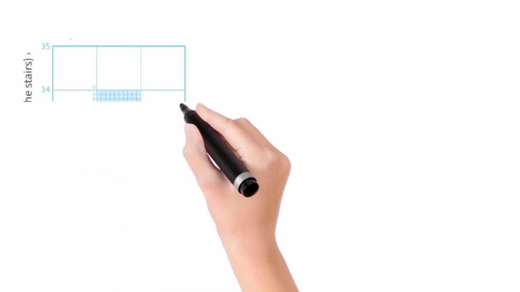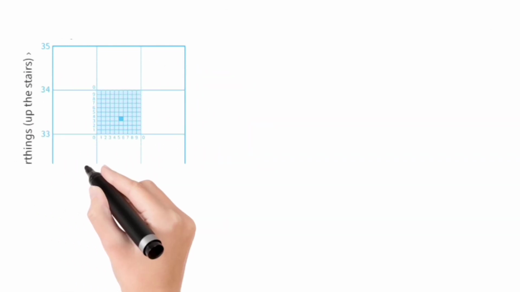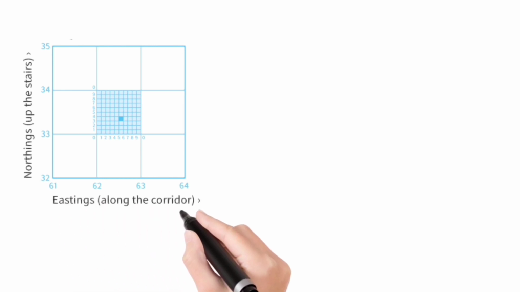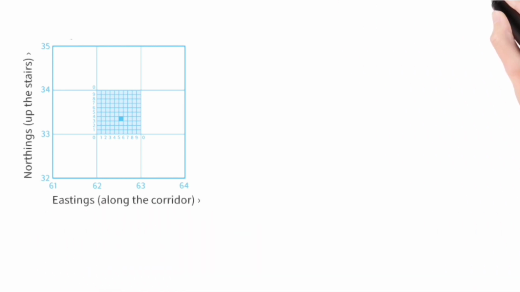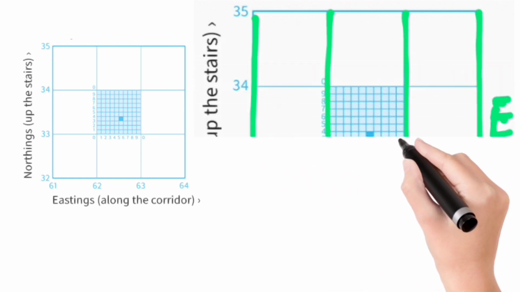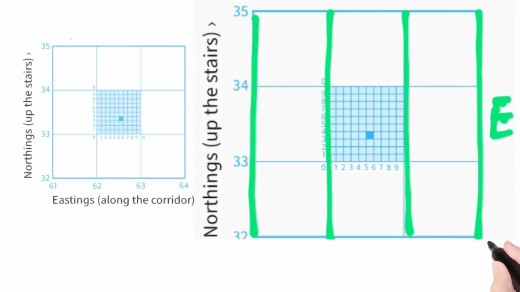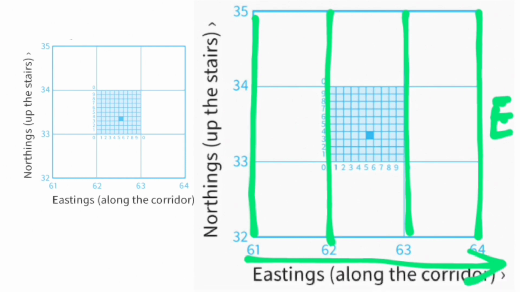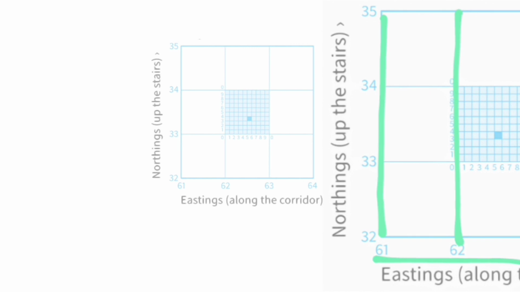And lines running north to south are called eastings, which increase numerically eastwards. So in this picture, the green lines represent the easting lines, which are increasing eastward. So the lines like 61, 62, 63, 64 are our easting lines.